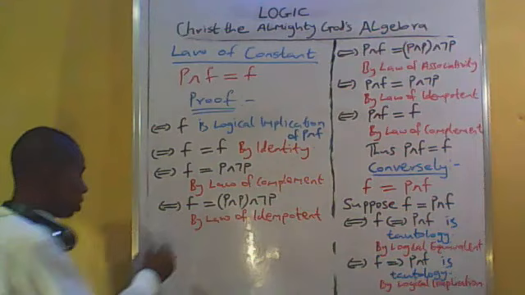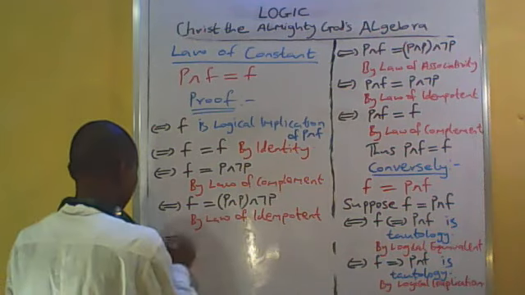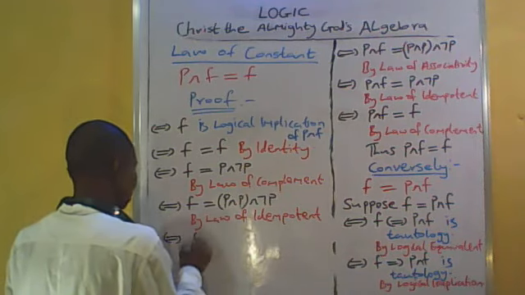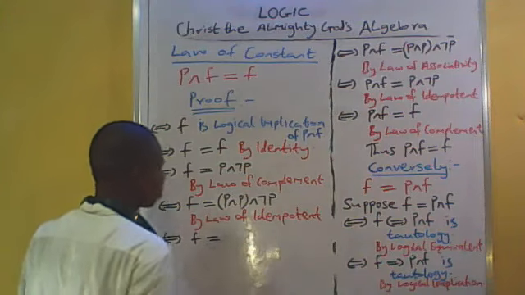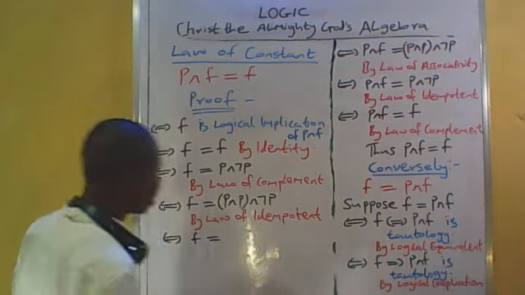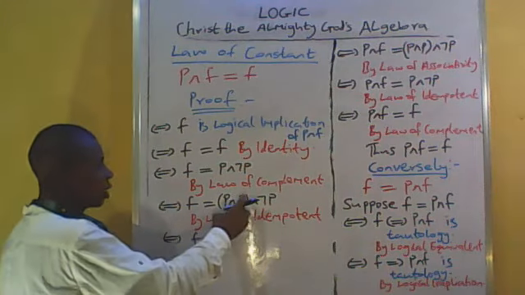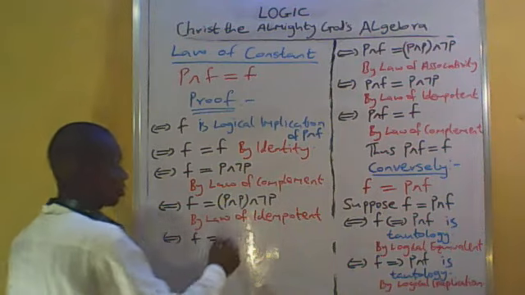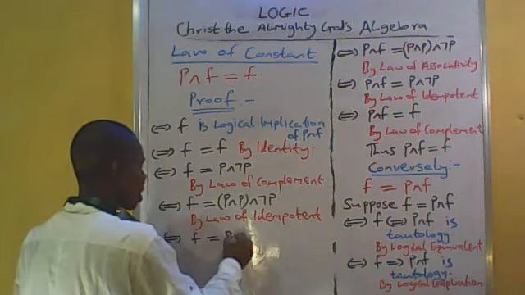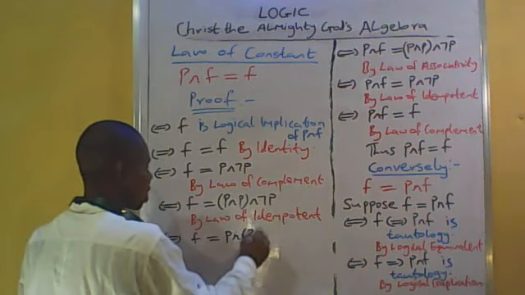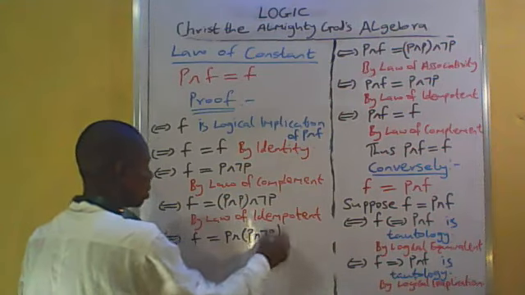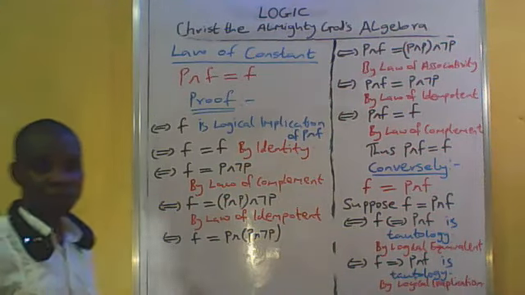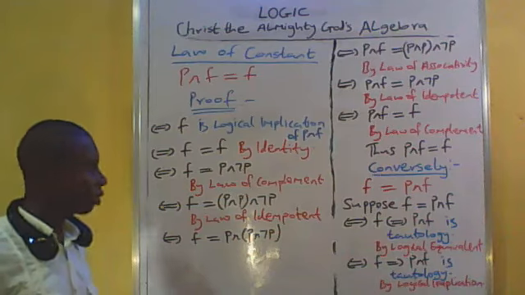If and only if f is equal to, now let us associate this p and not p. We have p and bracket p and not p by the law of associativity.